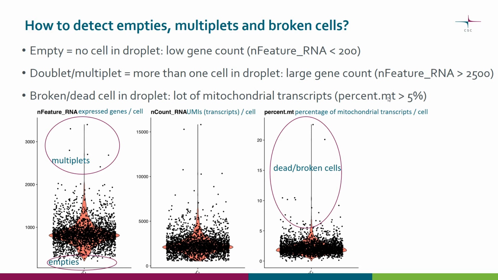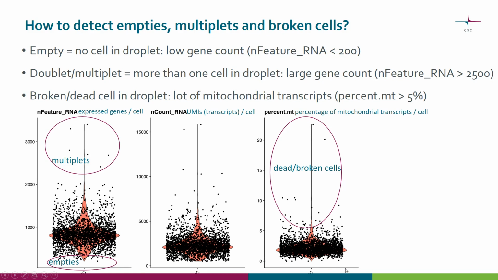Well, if the cell is broken or even dead, the normal transcripts have probably degraded already, while the mitochondria, because it's a separate structure, the mitochondrial transcripts might still be more available or intact, and hence the percentage of the transcripts of mitochondrial origin can be high.